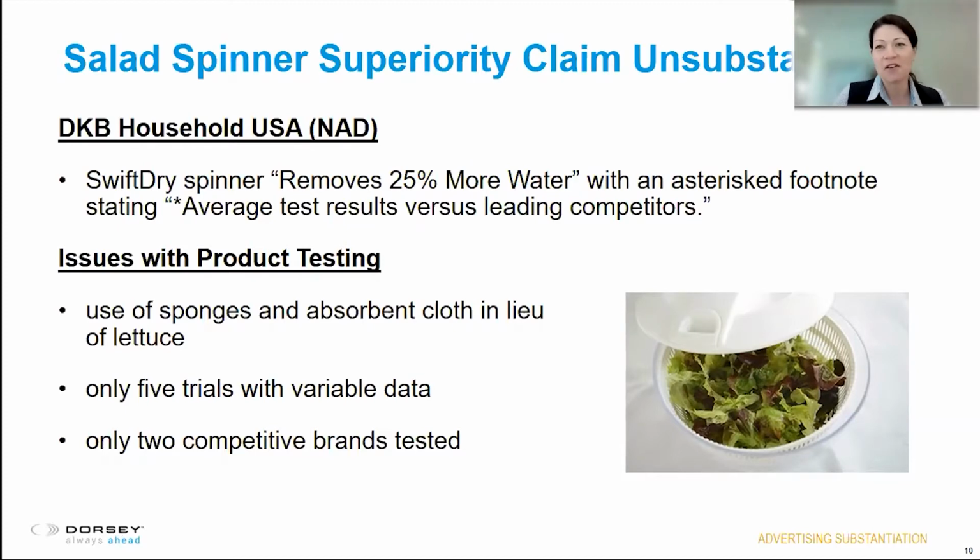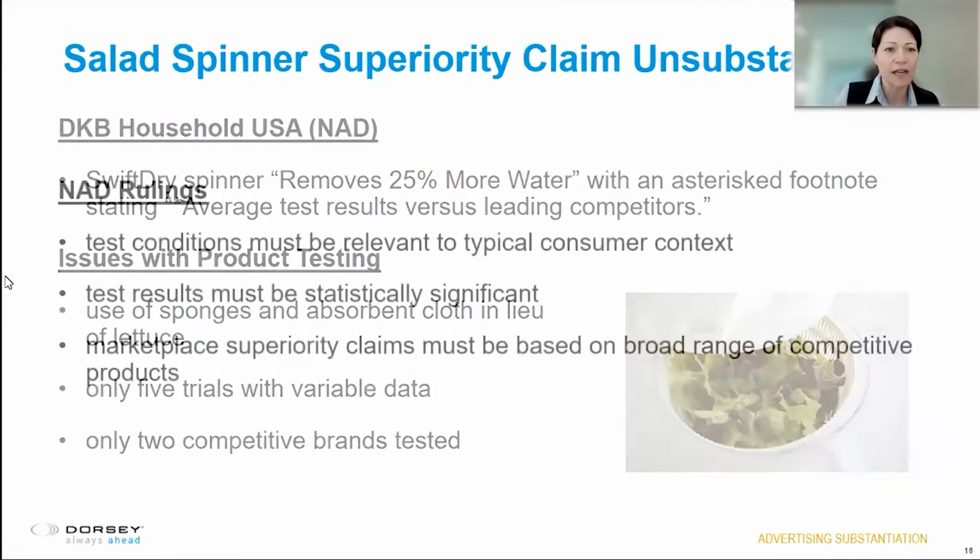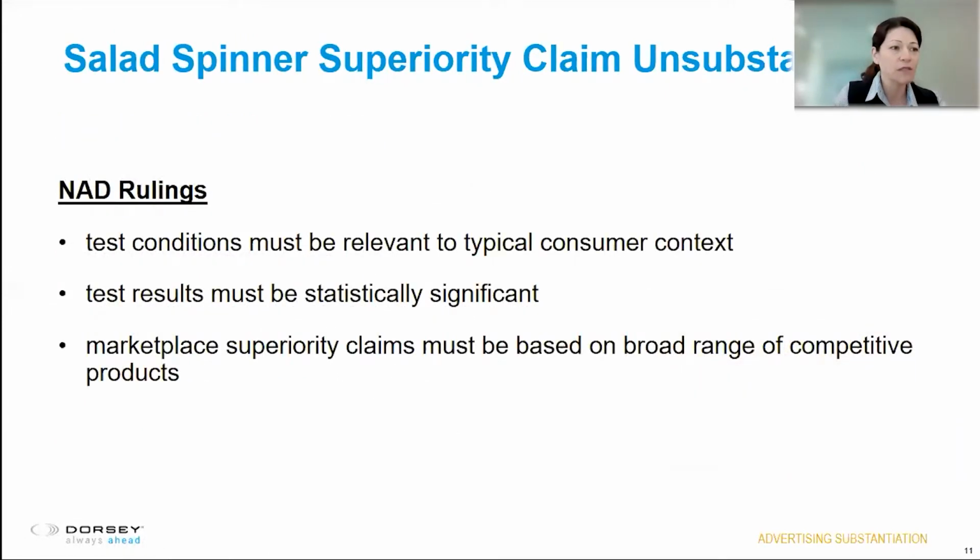All of you on the line are thinking there's multiple ways to get around that, but in any event, that was the stated reason. They conducted only 5 trials on each of 2 competitive brands, and the 5 trials resulted in variable data. So the NAD ultimately rules and recommends, not rules, recommends that the claim should be discontinued.